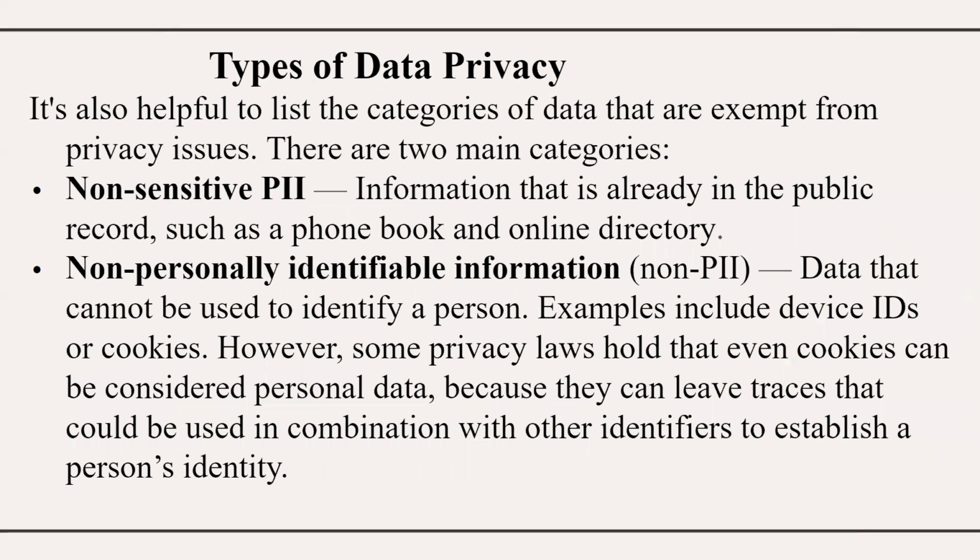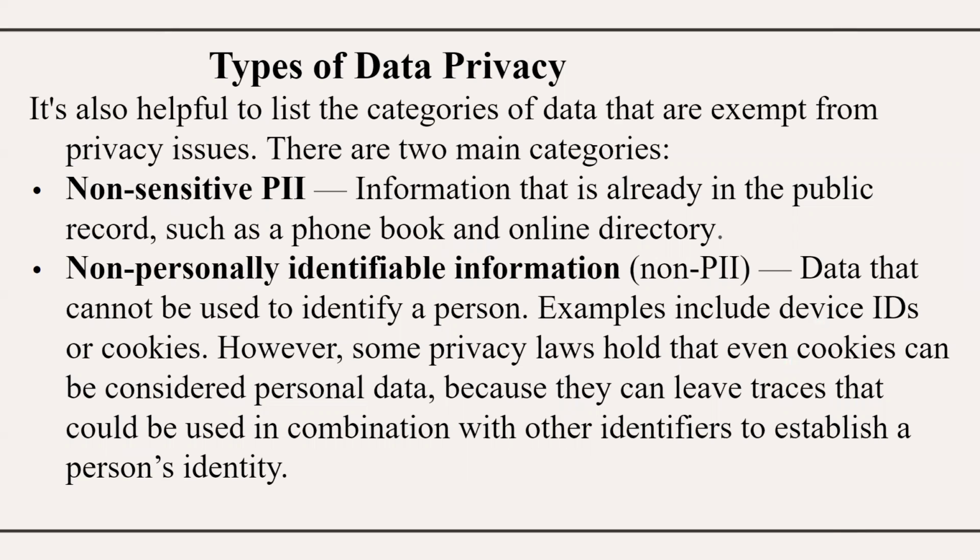So we have different types of data privacy, right? Or it's best to say, we could categorize data privacy into some sorts. It's also helpful to list the categories of data that are exempt from privacy issues. There are two major categories. We have the non-sensitive PII, and we also have the non-personal identifiable information.